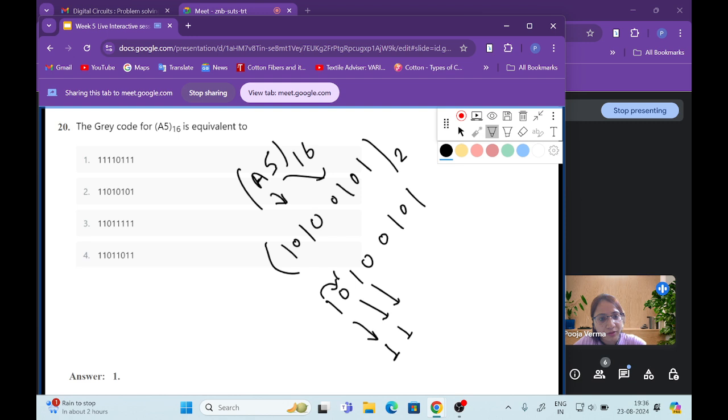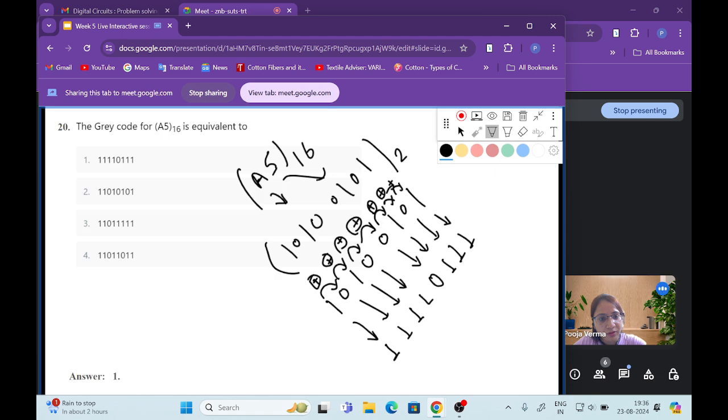Again we have to XOR these two, and the output is 1. Again we XOR these two, then 0, 0 will be 0, and again XOR these two, we will get 1. Again if we XOR these two, we will get 1, and again if we XOR these two, we will get 1, right?